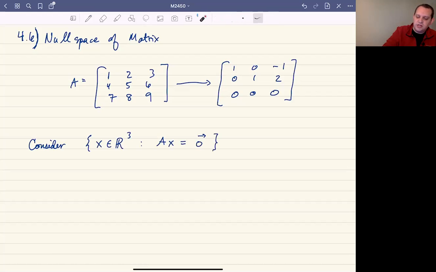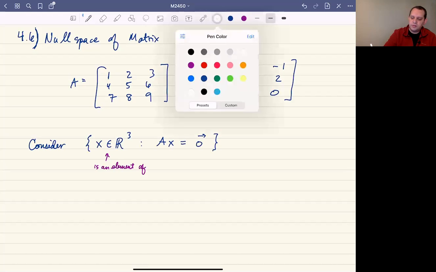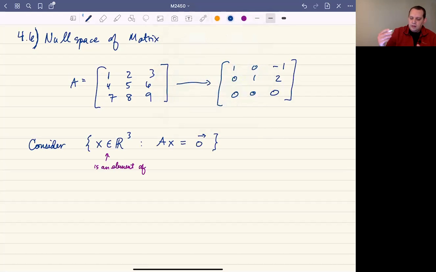Remember that this is a notation that I've used before, but this means that x is an element of R3. So that's just a nice way to represent that. And I want to think about all the x's so that A times x is equal to the 0 vector.